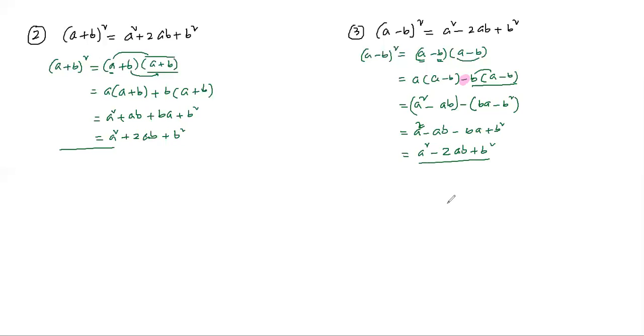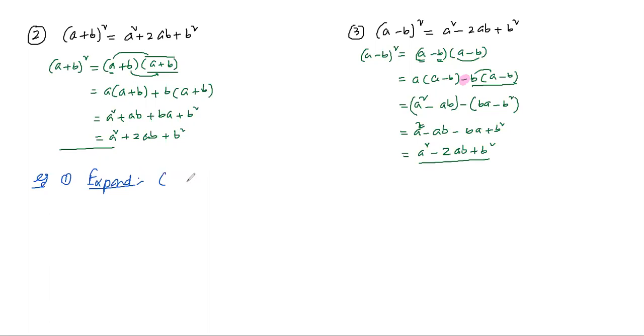Now these identities can be used for doing many expansions. I am doing some of the expansions because they may be asked. Now I'm going to take the examples. Example number one: your question will be simply to expand.